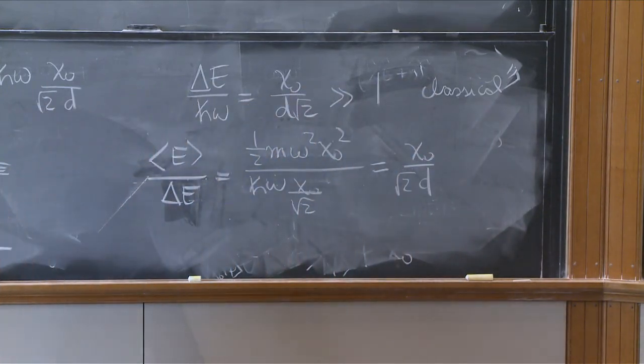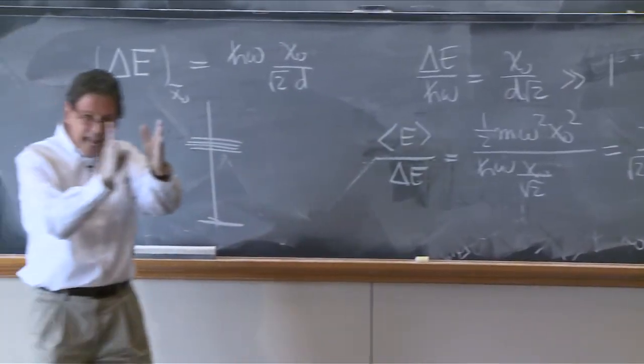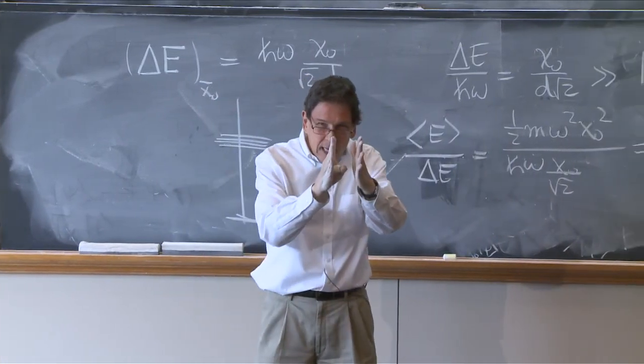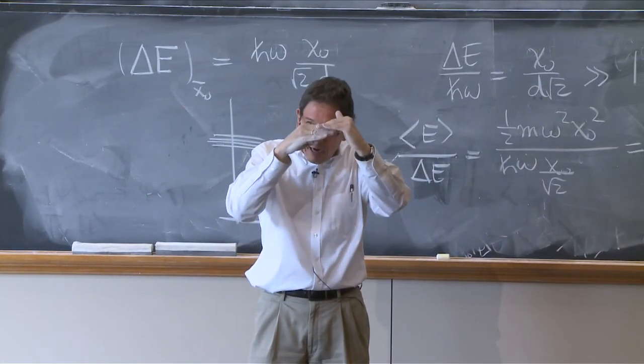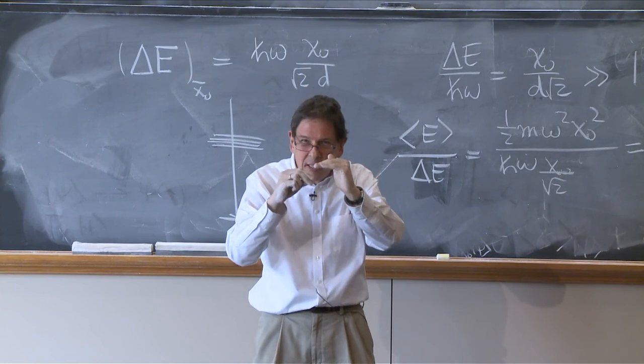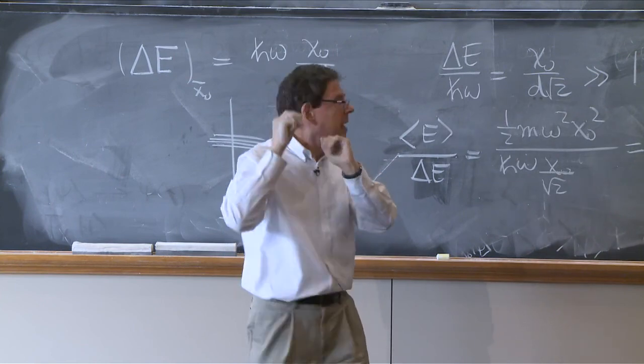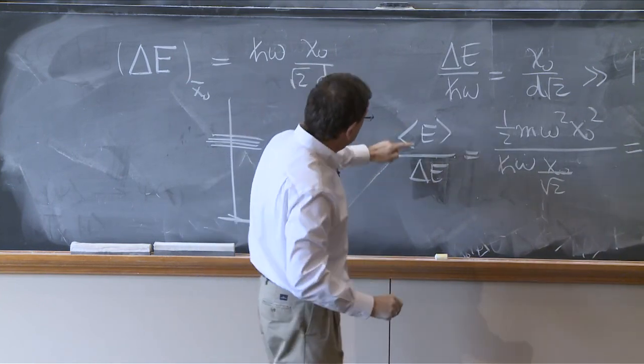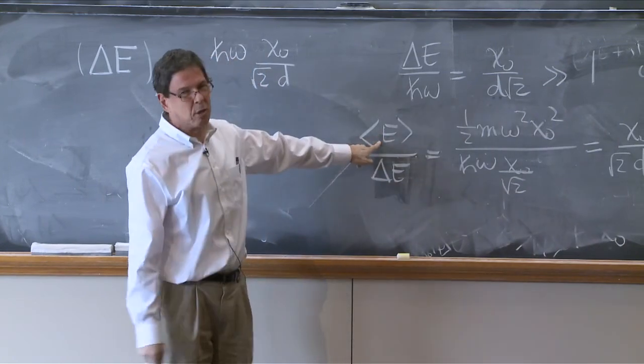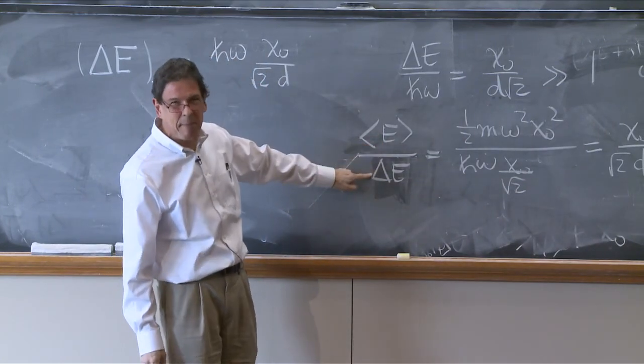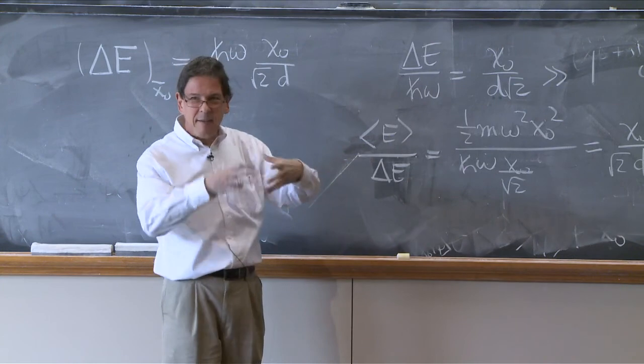So yes, this state is very funny. It contains an uncertainty that, measured in harmonic oscillator levels, contains many levels. But still, the uncertainty is much smaller by the same amount than the average energy.